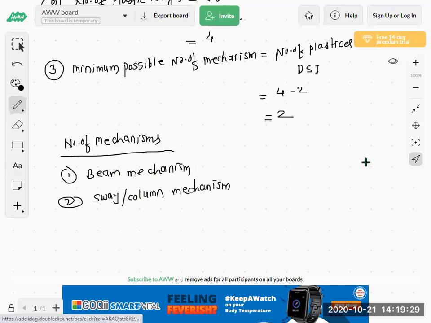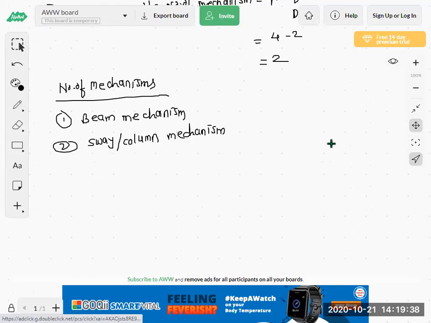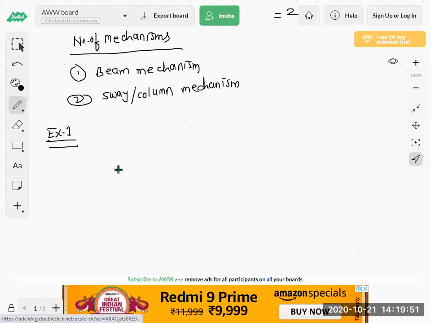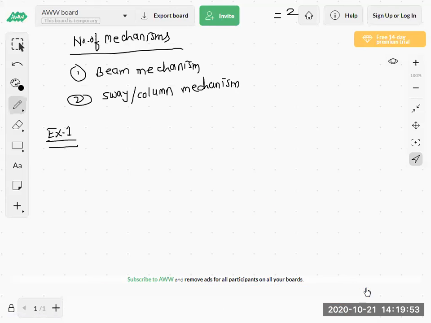Are you getting? So this is some theoretical part before solving the actual example. Okay, so we will see the first example on this portal frame. Example number 1. Okay, write down the problem statement.